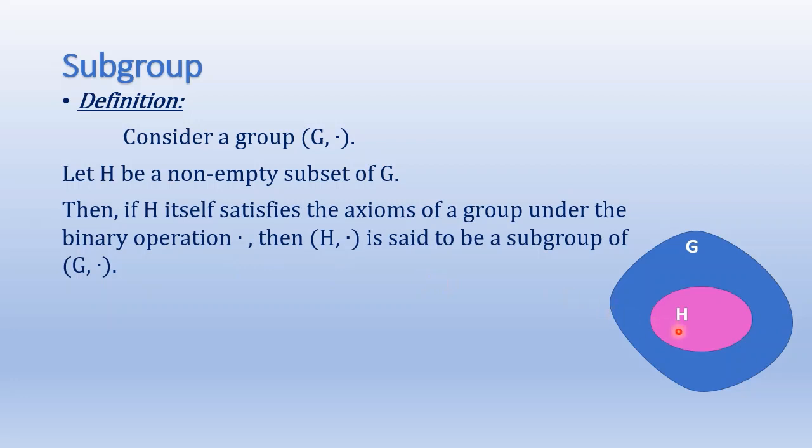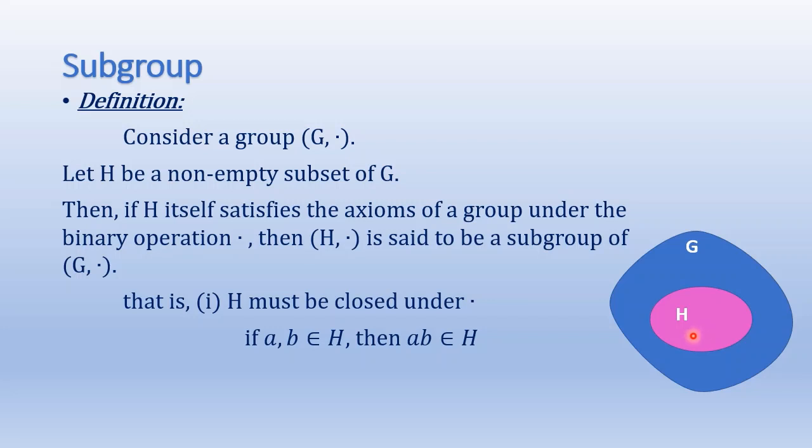That is, you are considering a subset and this subset alone must form a group under the same operation of G. That is, H must be closed under the binary operation.